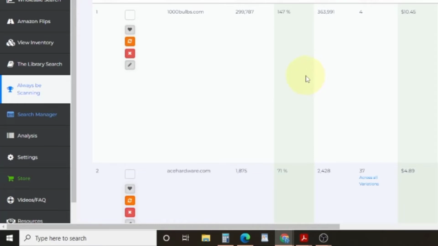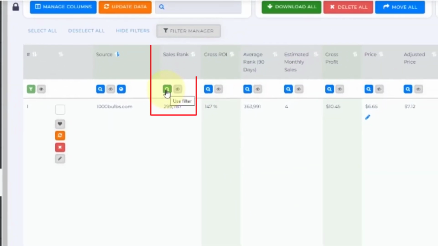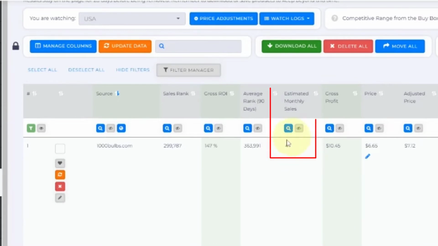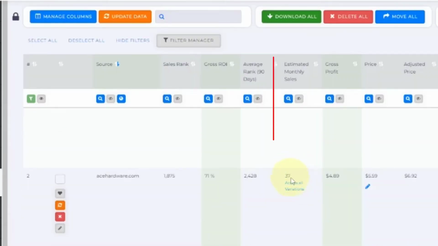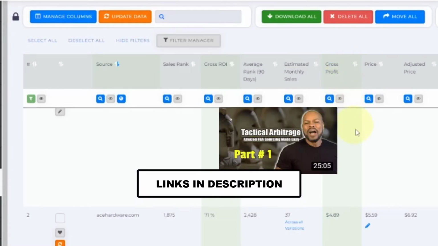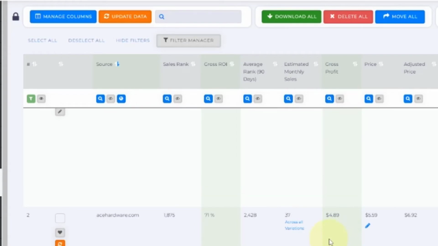You can look at just what you want. There are things like certain sales ranks, and when you learn what this is all about, you'll know what I'm talking about. A lot of you do. Your return on investment, estimated monthly sales is huge. Do you want to look at a product that has an estimated monthly sales of 4 versus estimated monthly sales of 37? Whatever you want your profit to be, you can drag these columns around. All of this we get into in the mini series and in the lightning course, but I just wanted to kind of touch on that.